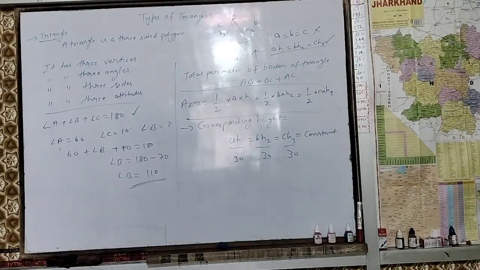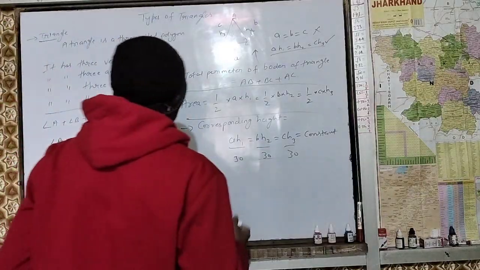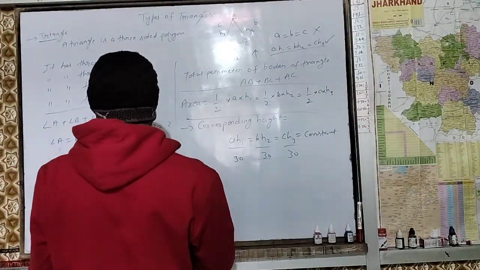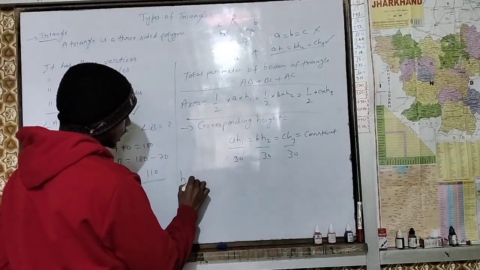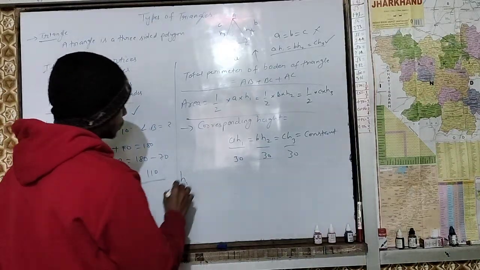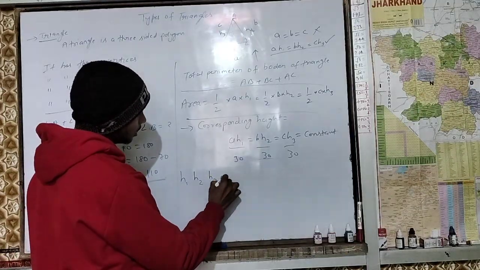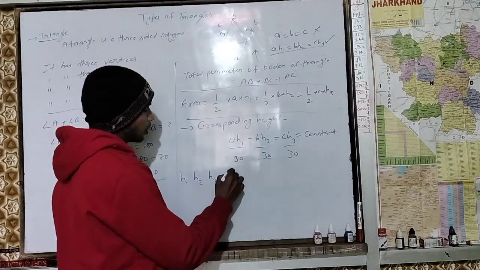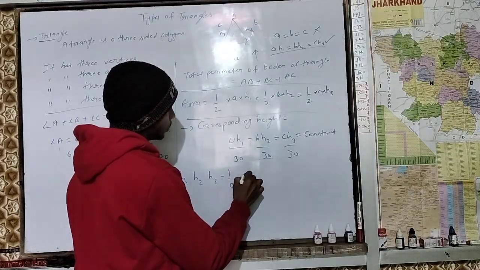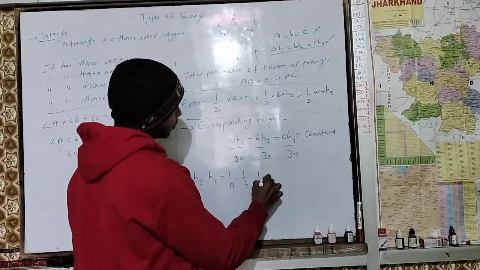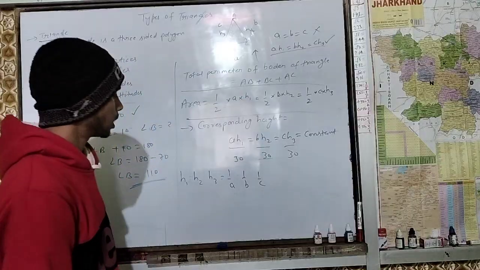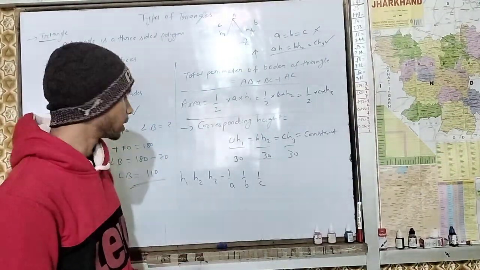What constant? In terms of ratio, H1 is the altitude, H2, H3. This is going to be equal to 1 upon A, 1 upon B, 1 upon C. Now let's understand this.